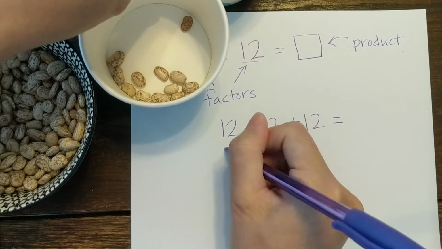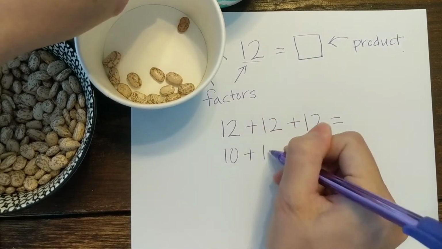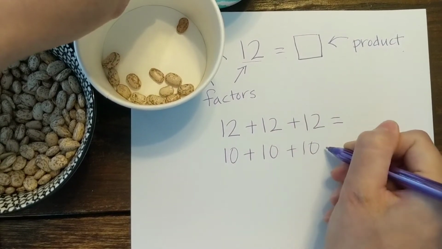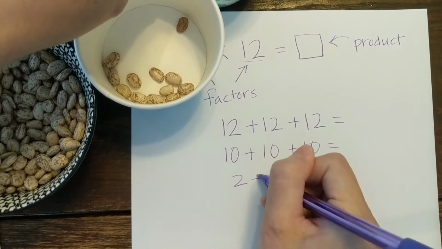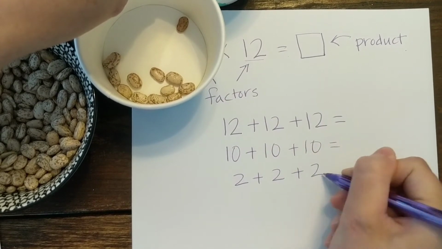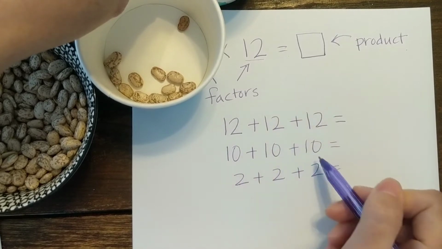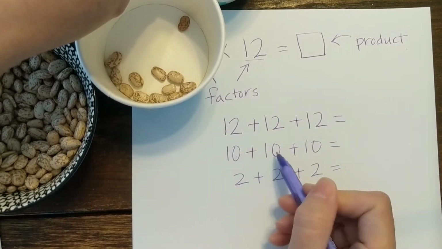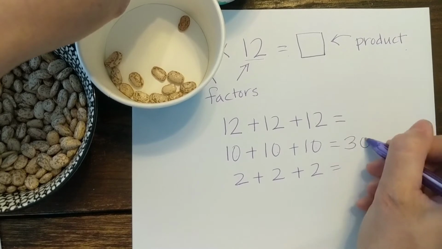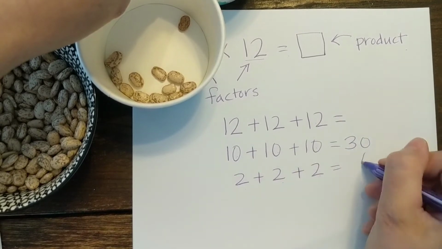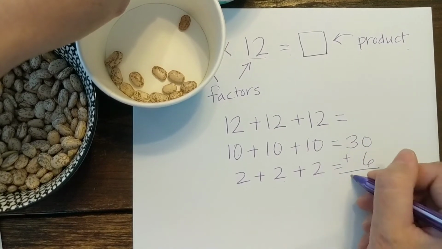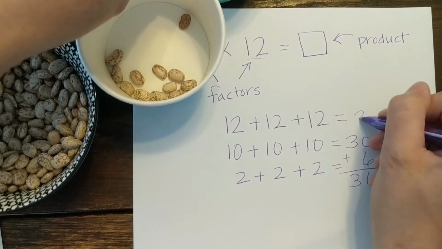So you could break it apart into 10s and into 2s, because 10 plus 2 is 12. So 10, 20, 30, 2, 4, 6, and when I add those together, I get 36.